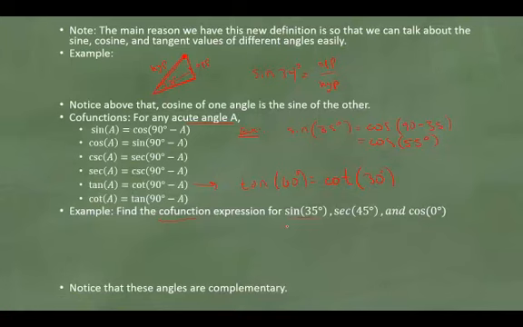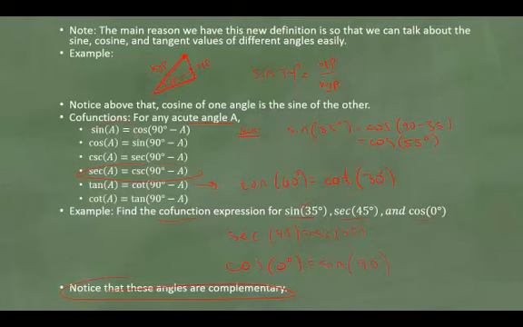We just did sine 35. Secant 45 would be cosecant of 45, because 90 minus 45 is 45. Cosecant of 0 has to equal secant of 90. Notice all we're saying is that complementary angles have similar trig values.